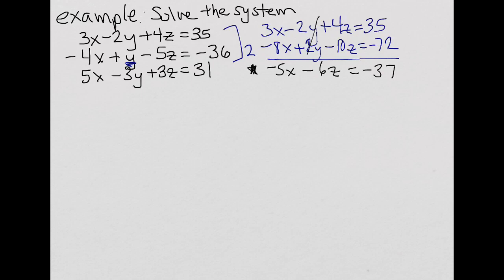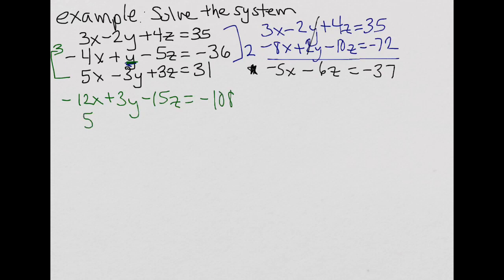So now I'm going to choose another two equations from here. I'm going to choose these two because, again, we have to eliminate y again, but it looks like it could be simple to eliminate that. I'm going to multiply this one by 3, so that'll be negative 12x plus 3y minus 15z is equal to negative 108.